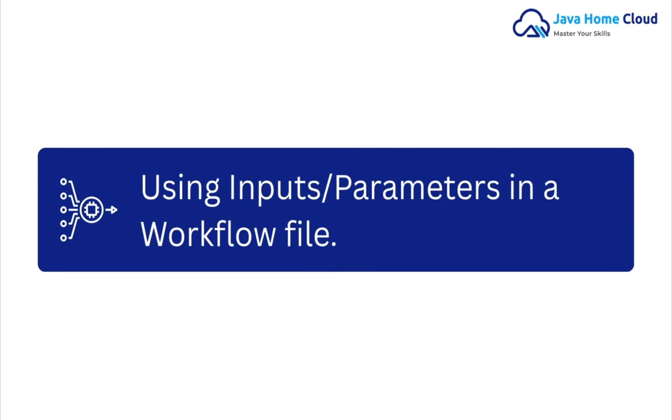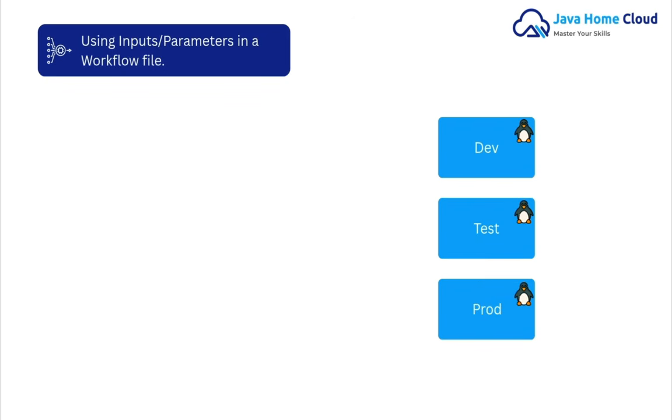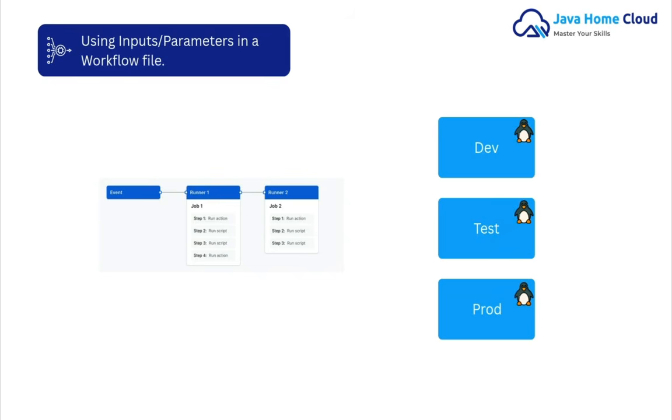Let's see how to use inputs or parameters in GitHub Actions workflow files. To understand this concept, let's take a small example. Imagine there are three environments we have: dev, test, prod. I want a workflow to deploy applications to dev, test, and prod.